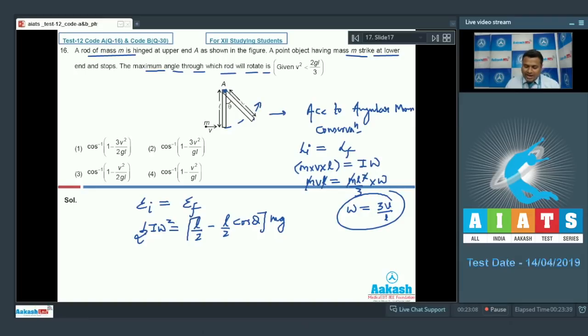Now putting the values of I and omega, we get half ml square by 3 omega square, that is 9v square by L square. Taking L by 2 common, we get 1 minus cos of theta. 2 and 2 get cancelled out, multiplied by mg as well.